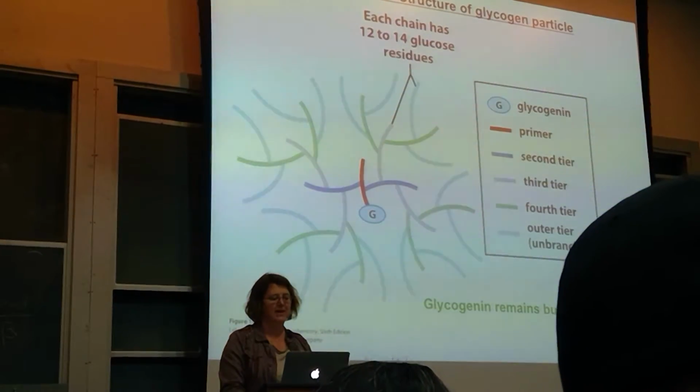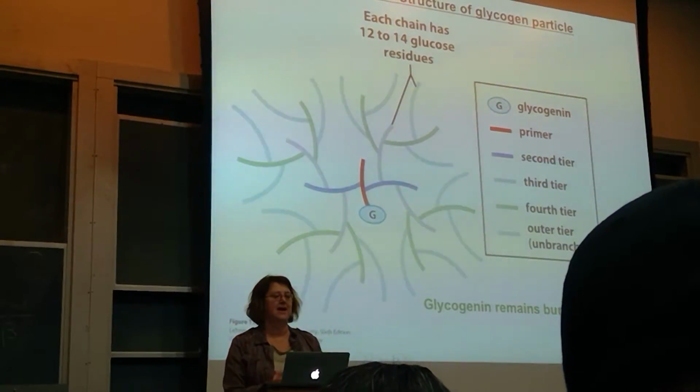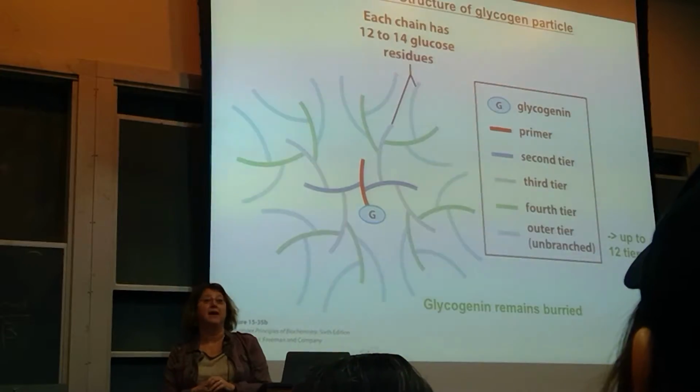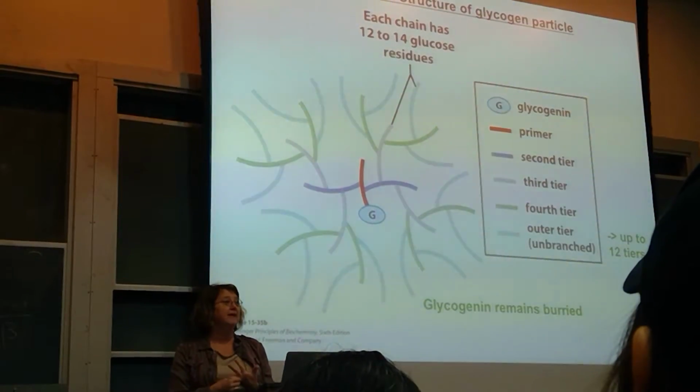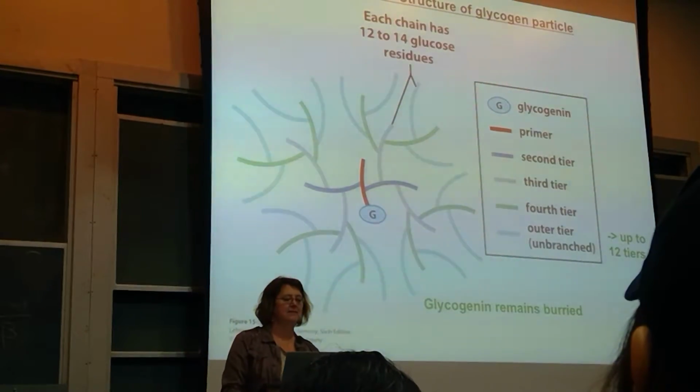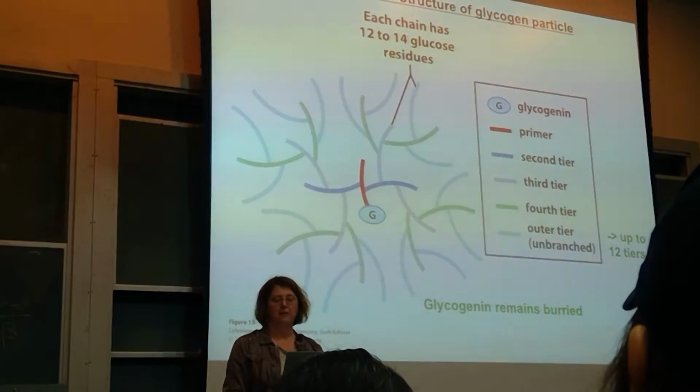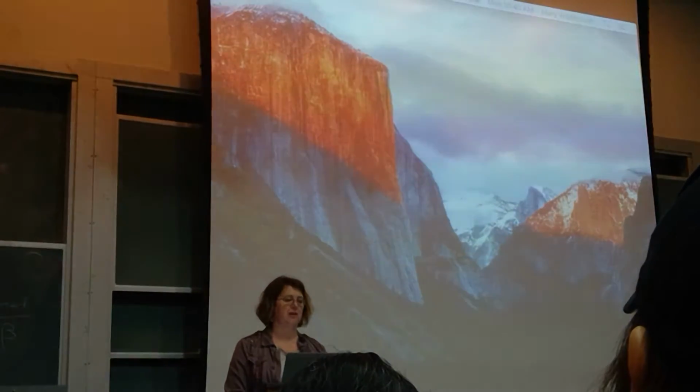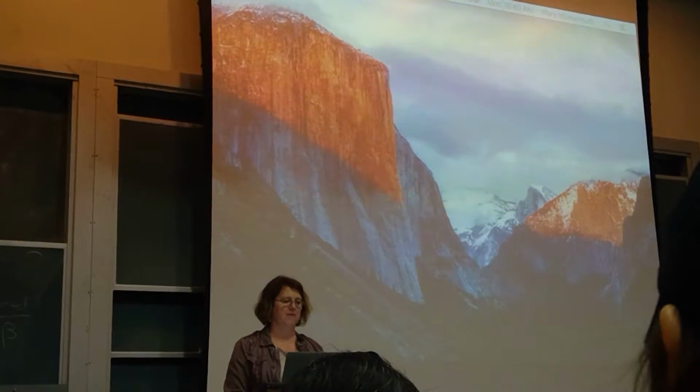The real idea of this is that you have very low osmolarity because you have very few reducing ends, and in fact really one reducing end, and it's fairly inaccessible until you have the enzymes that can come down and break it down. So now we're going to get to the next lecture, which talks about the regulation, which is more of our focus.